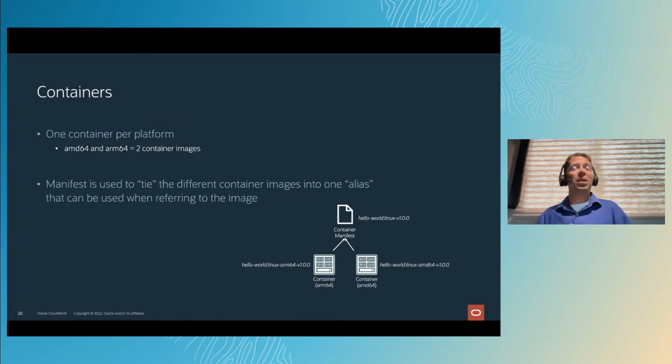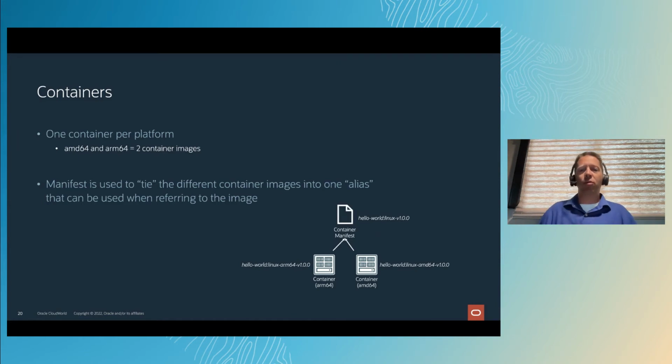So what we do is tie those together in what we call a manifest. That manifest provides an alias or a friendly name. You can think of it as a link. It contains an index matching the different container names that we've added to it with their platform specifics, in other words, the architecture information. That way I can reference that one name, Hello World Linux v100, which is on the screen here.